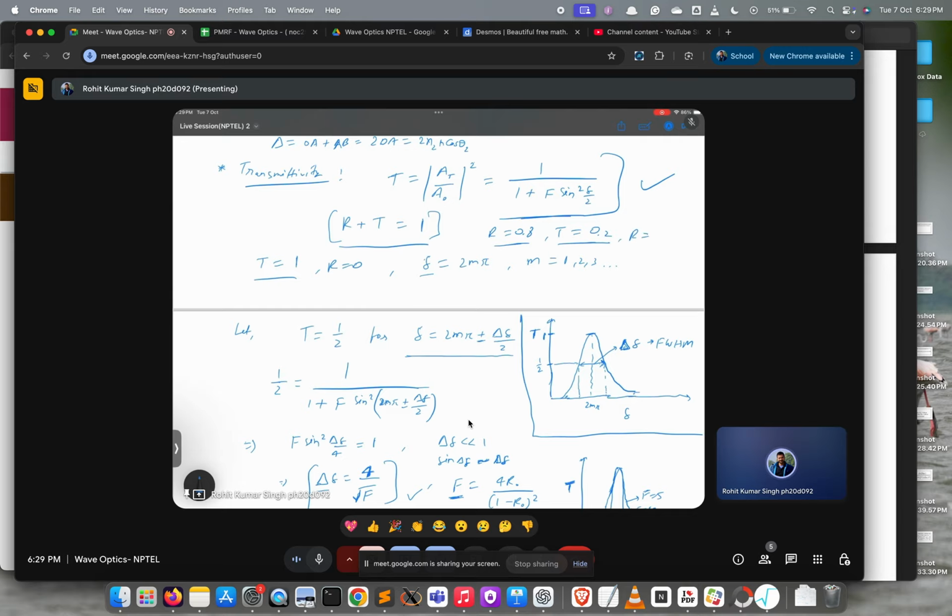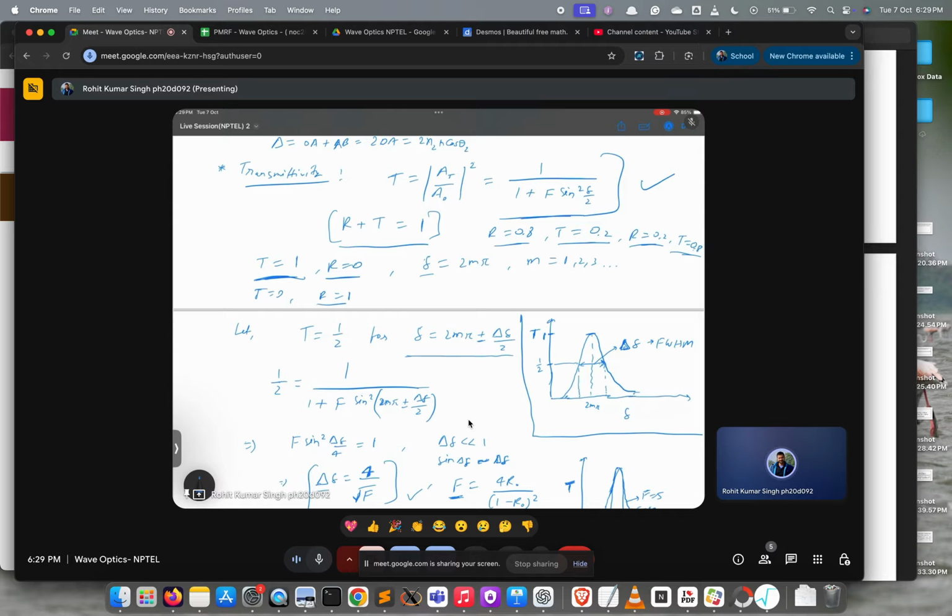Or if r is equal to 0.2 and t is equal to 0.8, then it has reflected less than it has transmitted. Or you can have t equal to 1, r equal to 0. That means all of the light has been transmitted, and none of it reflected. Or you can have t equal to 0 and r equal to 1.